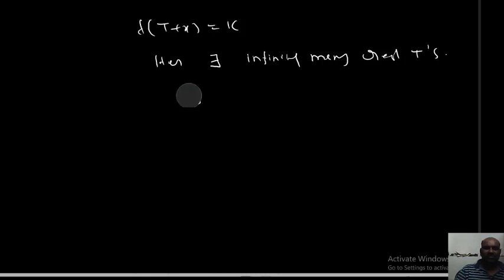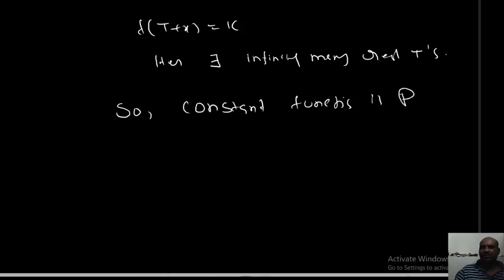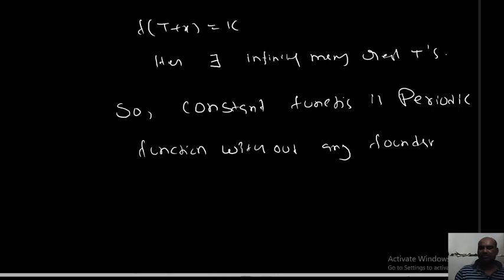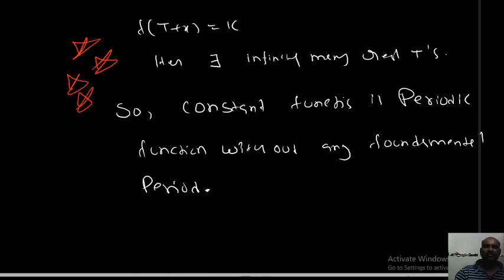So a constant function is a periodic function without any fundamental period. Students, this is very important. I think from this explanation you people understood. So a constant function is a periodic function without any fundamental period.